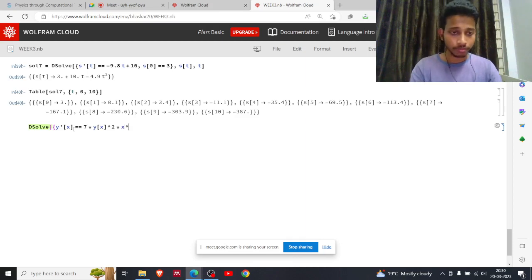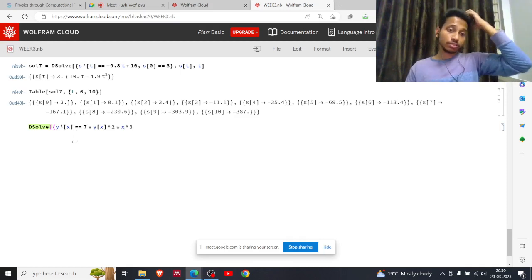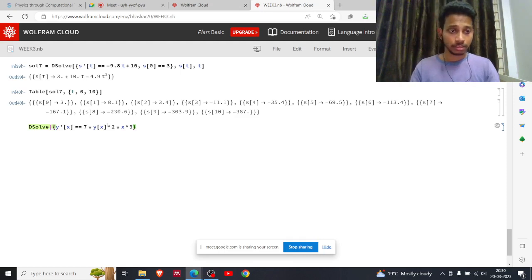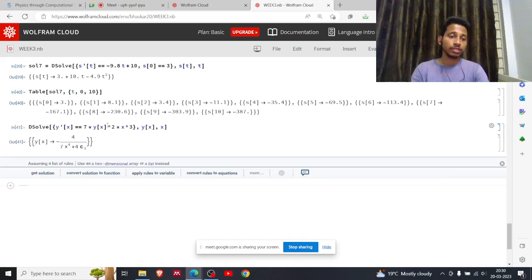This is a little complicated differential equation. Now y[x], x, so we get the solution as 4/7 minus 4/7 x to the power 4 plus 4 c1, which is a constant.